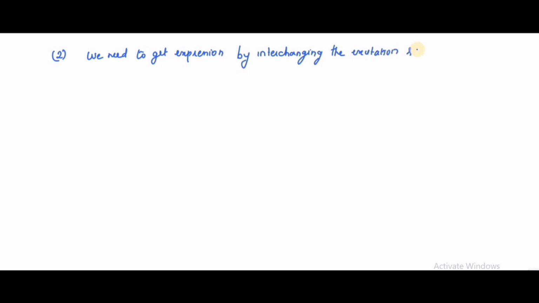We need to get the expression as the ratio of output by input, but here I connect V2 as my excitation and I1 as my output.